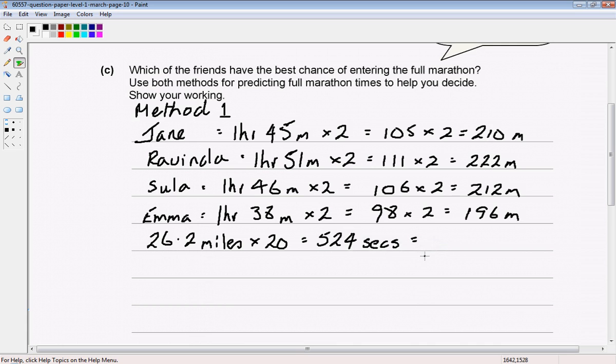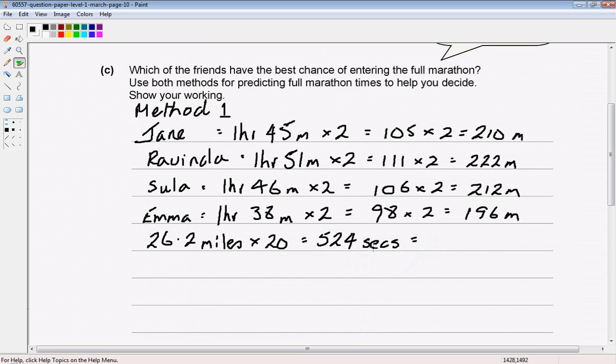Now 524 seconds. As I said again, it's quite dangerous to use a calculator with time, because we're dividing it by 60, so we would get a decimal time. Now I know 600 seconds is 10 minutes, so 540 seconds is 9 minutes.